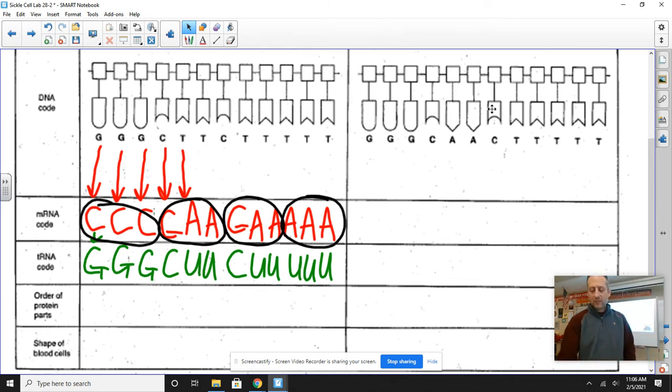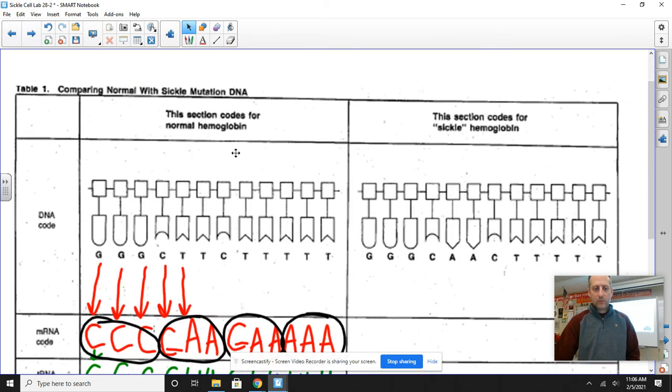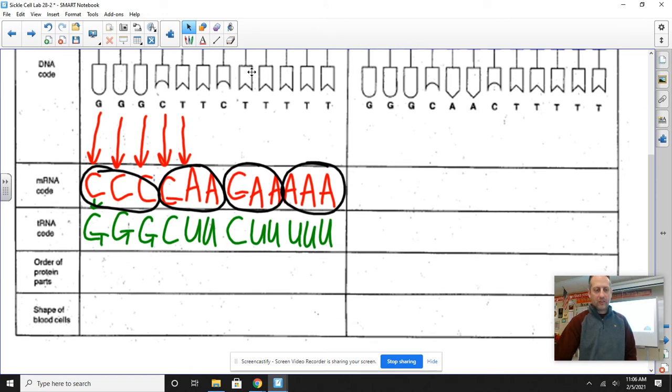Now it tells us in the data table what they just made up for what these protein parts are. The protein parts are protein part A, B, C, and X, that's the sickle one. If the mRNA is CCC, that is protein part A. Well, that's actually what the first one is, CCC.